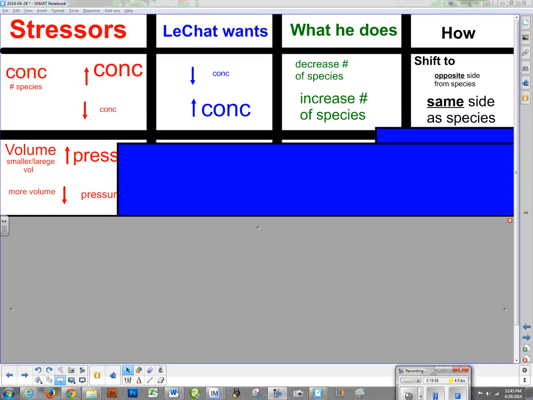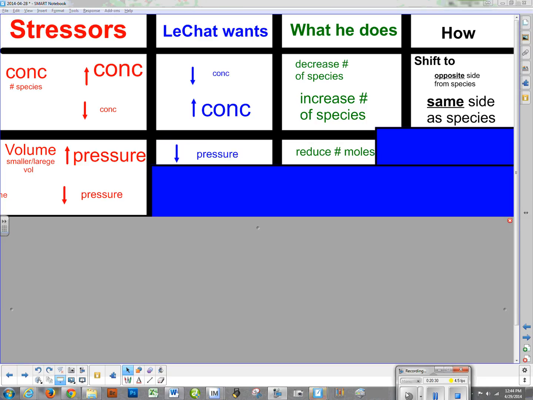So if we want to get more pressure, we have to get the volume to go down, and when we want less pressure, we have to make the volume get bigger. So smaller or larger? More pressure with less volume, less pressure with more volume.